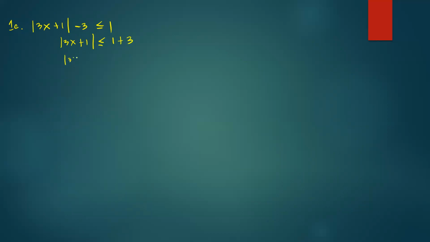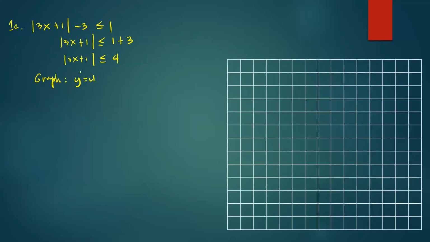Or that is, the modulus of 3x plus 1 is less than or equal to 4. Okay, so to solve this graphically, first, we need to graph y is equal to 4. Okay, so if this is our graph, so this is our x-axis.